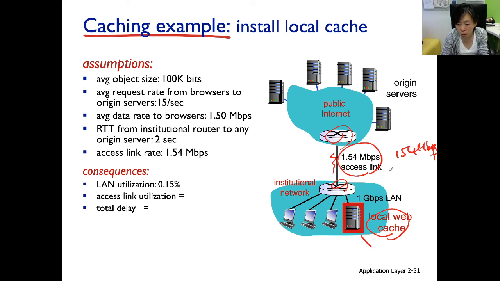For your information, this could take millions of New Taiwan dollars. But installing a high-end server machine only takes this much New Taiwan dollars. So that's about 2 orders of magnitude difference. Installing a web cache is so much cheaper.